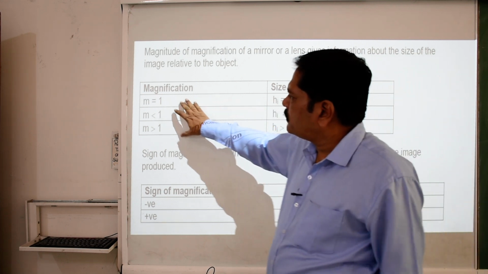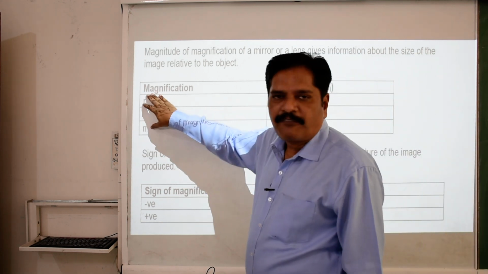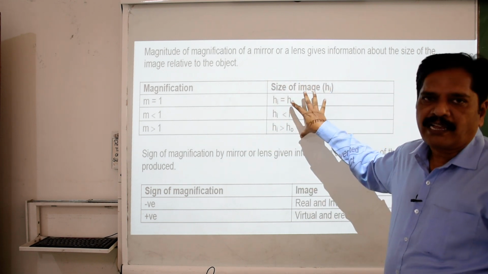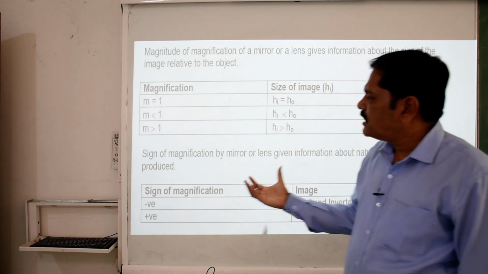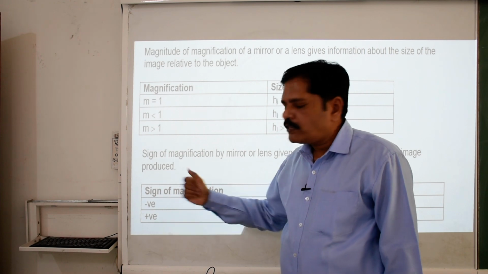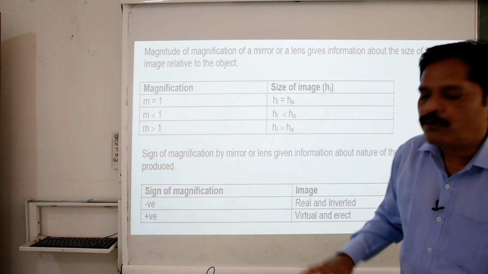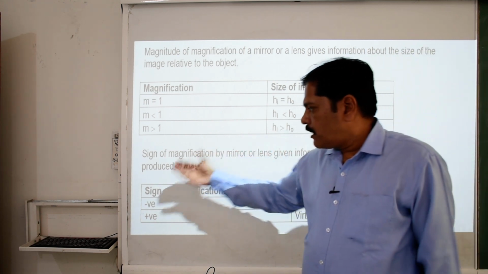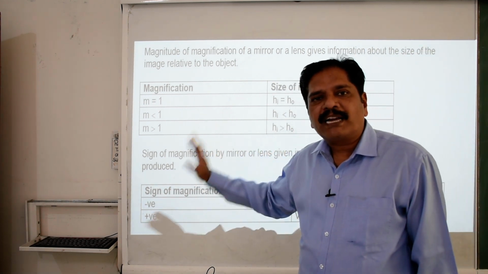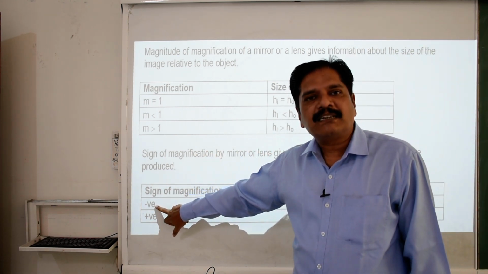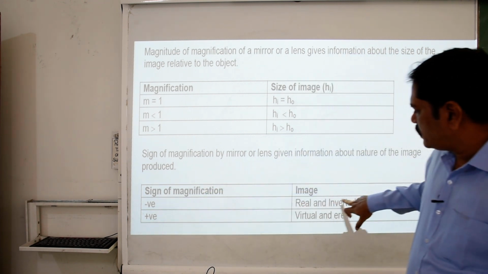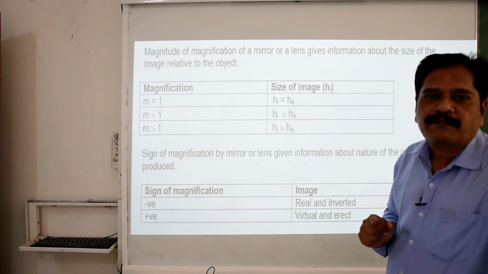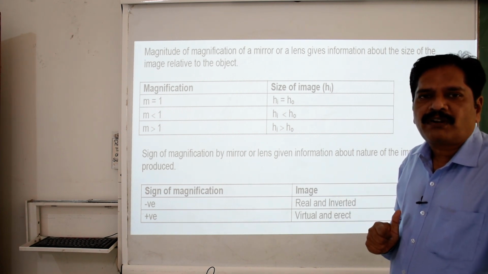Okay, so by keeping these three facts about the magnification in mind, you can determine the size of the image, right? Then the sign along with the magnification is also important to conclude about the nature of the image. If the magnification is given as a negative value, then the image will be real and inverted. What is the meaning of a real and inverted image?